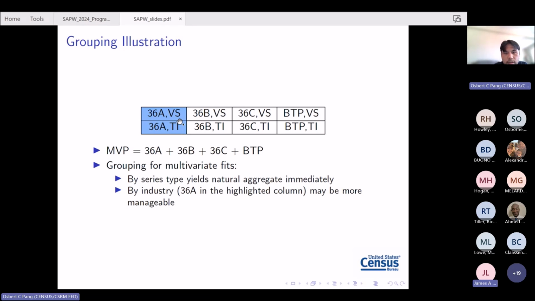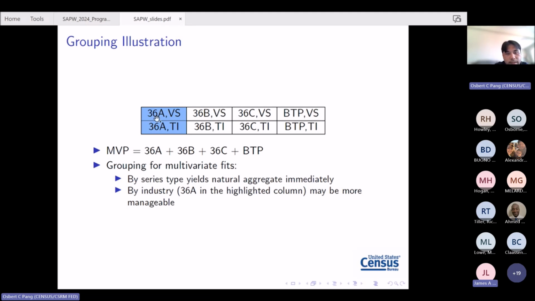And at least in this particular illustration, this may also be a more manageable fit, in the sense that if we did it the other way, we'd need to do two different four-dimensional fits, and in this way we're considering it as four two-dimensional fits.